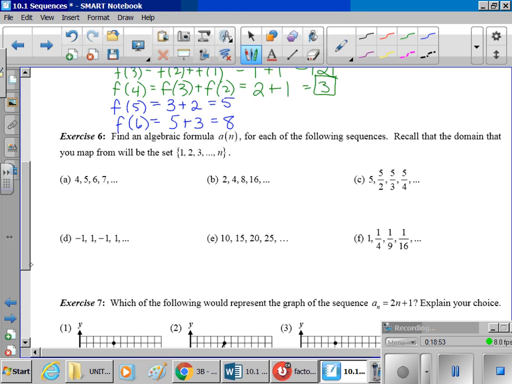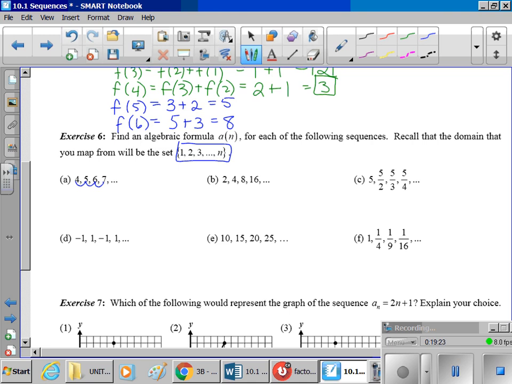Number 6 says find the algebraic formula for a of n for each of the following sequences. Recall that the domain that you will map from is the set of natural numbers, or counting numbers. This is just using a little common sense here. I know it mimics a linear function if the common difference is the same.